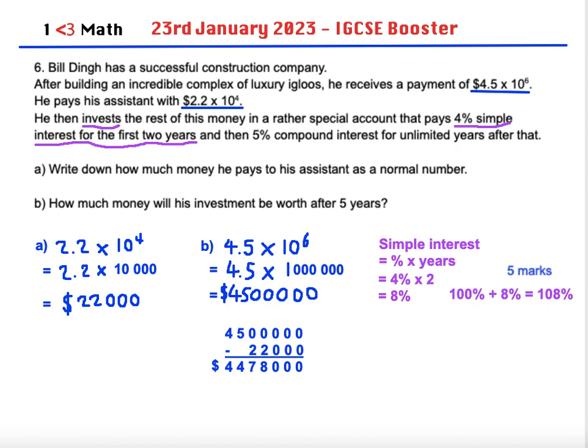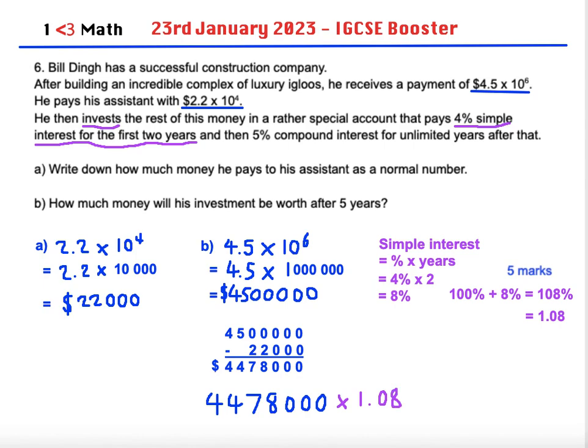So 100%, which was the principal value, plus 8% is 108%, and therefore our multiplier to represent this 4% simple interest for 2 years is 1.08. So we're going to take our amount and we're going to multiply it by 1.08.